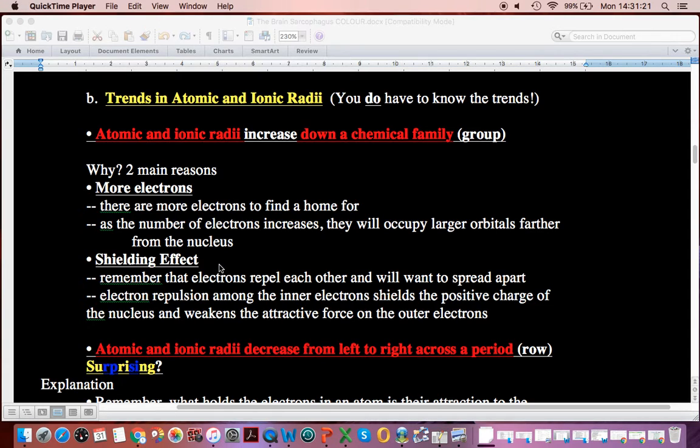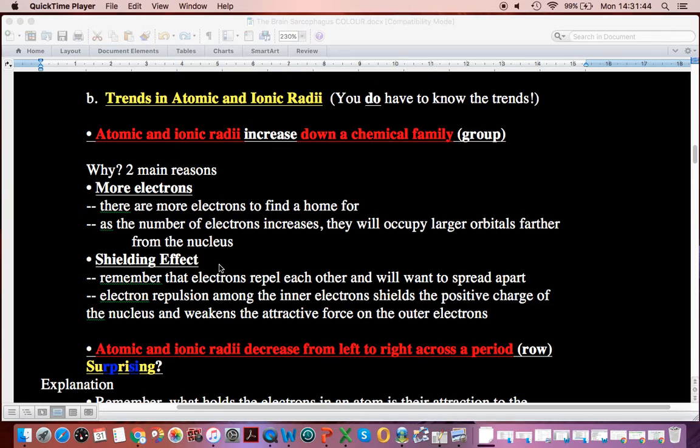The second reason we haven't talked about before is the shielding effect. When you have a large atom, you're going to have lots of layers of electrons in between the outer electrons and the nucleus. And the net effect of those inner electrons is they shield the outer electrons from feeling the full effect of the positively charged nucleus.